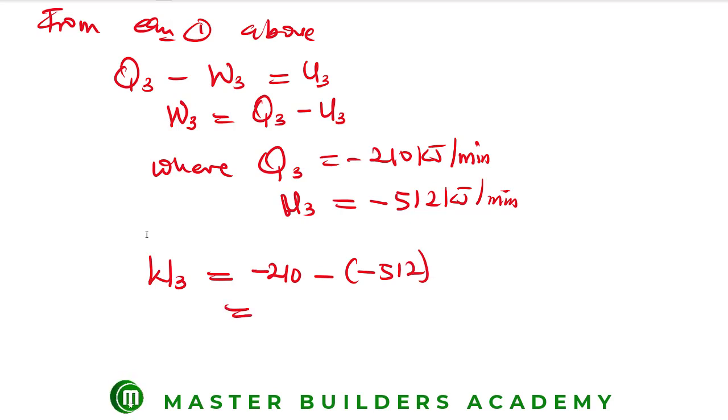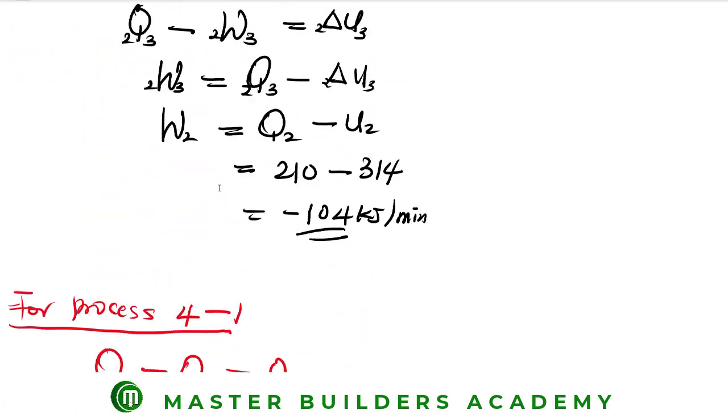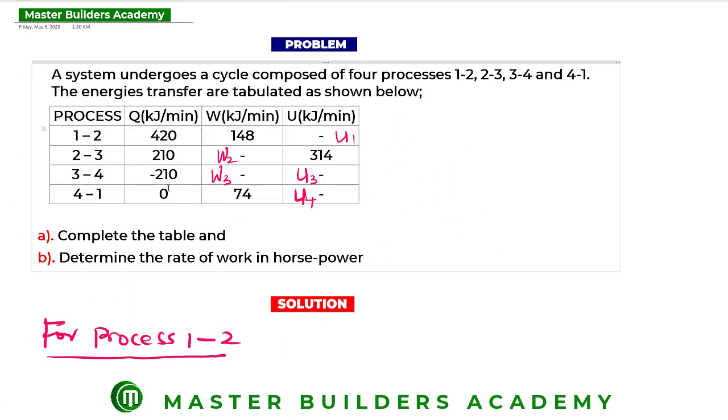First of all, clear off the bracket: minus 210, and minus multiplied by minus turns to plus, then 512. Now minus 210 plus 512 will give us 302 kilojoule per minute. So we have been able to get the values that complete this whole table.